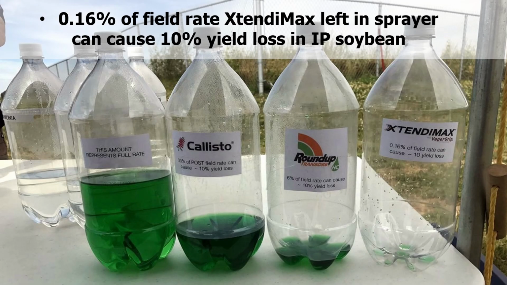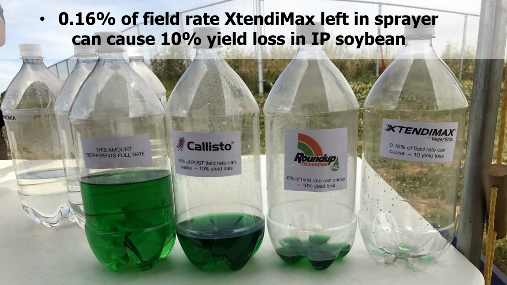Again, Mike Cobra and I tried to illustrate this a couple years ago at a meeting. That bottle on the left filled up with, I think it's just Kool-Aid or dyed water, whatever. Let's say that's a full sprayer. That's your 1,200-gallon sprayer filled to the tippy top. Let's say you had been spraying Callisto. This is another herbicide. And you lost your mind and forgot that you still had a third of the tank full of this stuff when you went and sprayed sensitive beans.